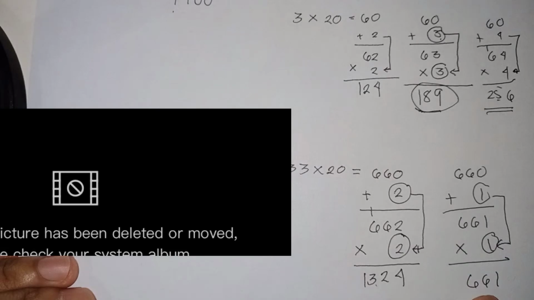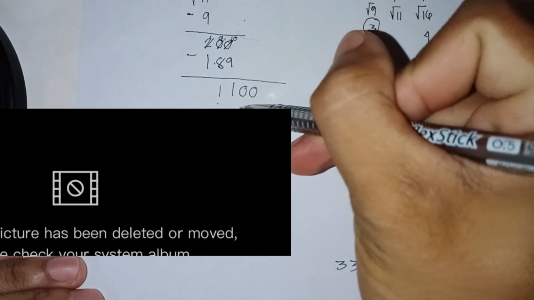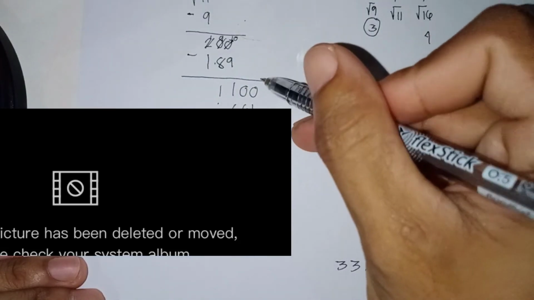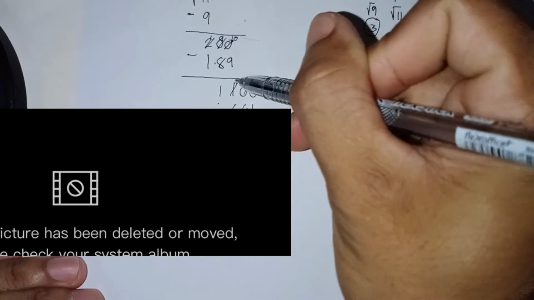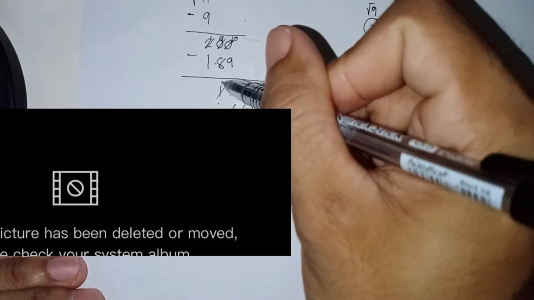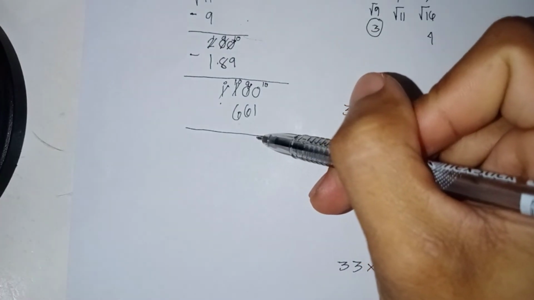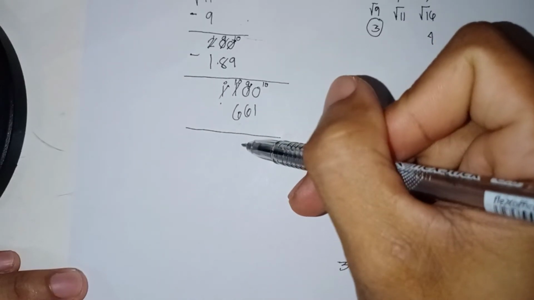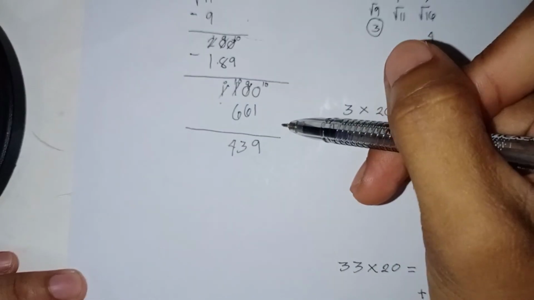We have 661. So I'll put 661 here, then bring down. This becomes 10, this becomes 9, 0, carry 1, becomes 10. So 10 minus 1 is 9. 9 minus 6 is 3. And 10 minus 6 is 4.